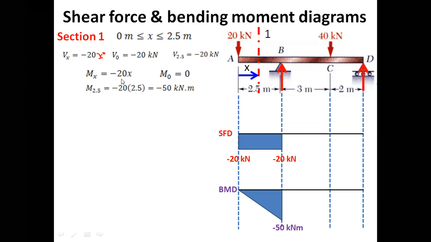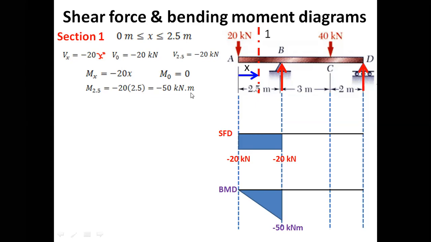Putting x equal to 0, M0 is equal to minus 20 times 0. So M0 is 0. And M2.5, putting x equal to 2.5, minus 20 times 2.5. So the bending moment at a distance of 2.5, that is at point B, is minus 50 kilonewton meter.